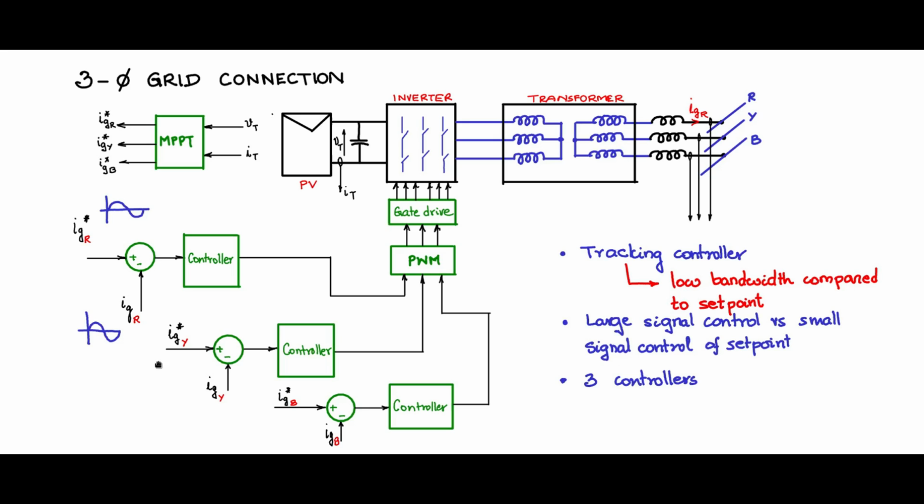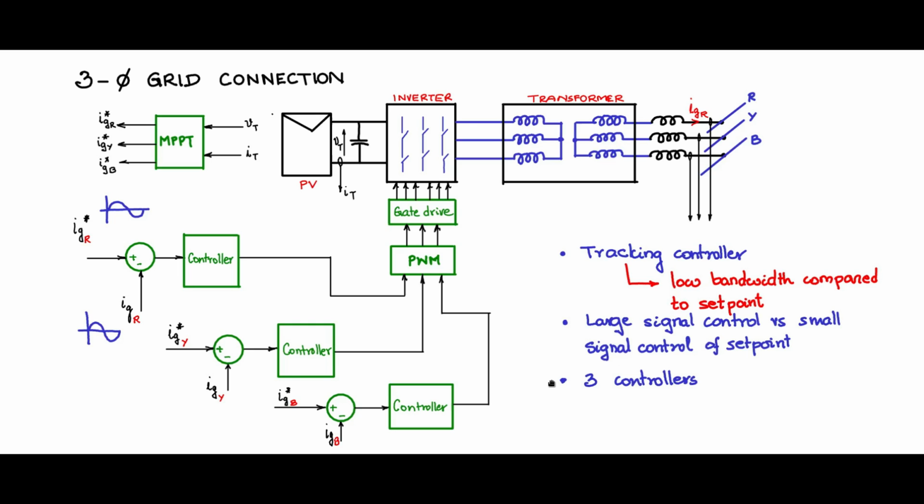Another issue here is that you have three separate controllers. You need three controllers, one for each phase, and the dynamics are all coupled. So tuning the three controllers simultaneously will become difficult as the dynamics are coupled.